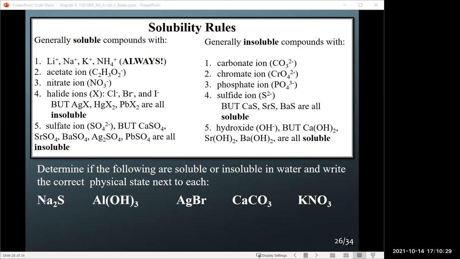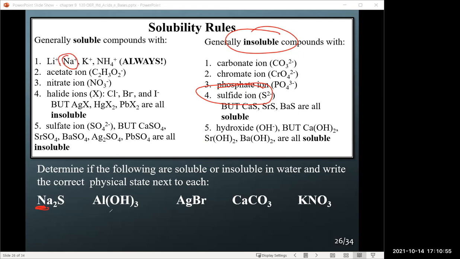You have to know the name, right? You have to know what you're working with. This is Na2S. S is simply sulfide, okay? And so we go to the sulfide area, which is right here. And you might think, okay, insoluble, because it's in the insoluble column. However, guess what? You got sodium, the big four.